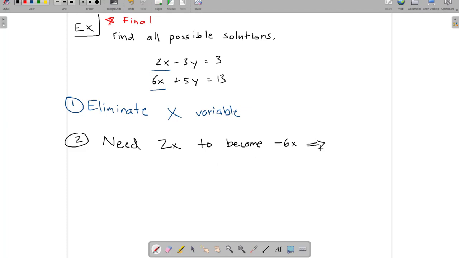So that means that I need to multiply the entire first equation by negative 3. Because if I multiply this 2x by a negative 3, I will get negative 6x, which is what I want.